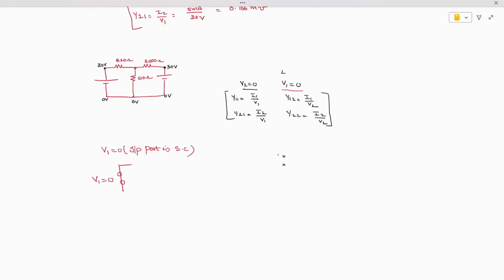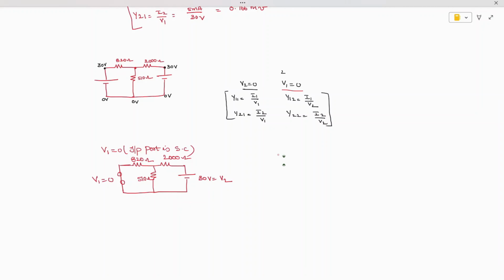Then I am going to get the values of the resistors: 820, 510. So this is 820 ohms. This is 510 ohms. This is 2000 ohms. So 2000 ohms, and here you are going to get the applied voltage of 30 volts. So this is the value of V2.